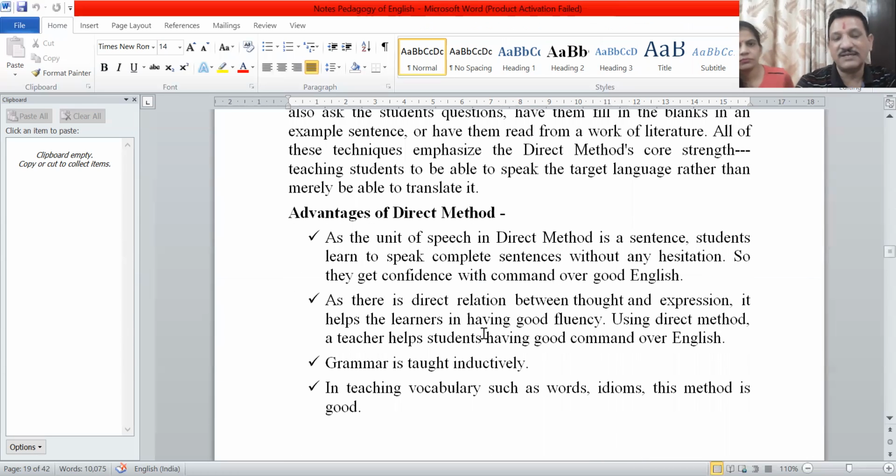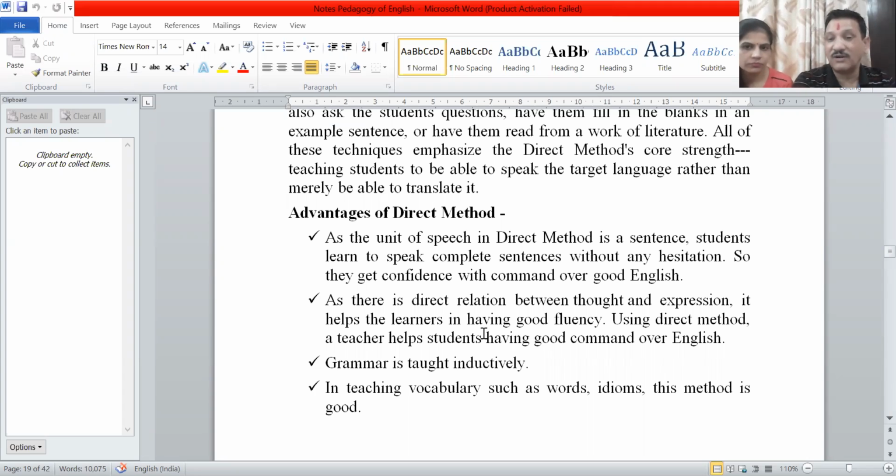Now, what are the advantages of teaching by the direct method? The advantages are many. As the unit of speech in the direct method is the sentence, students learn to speak complete sentences without any hesitation. So they get confidence with command over good English. If you go and see the public schools, the children speak English.